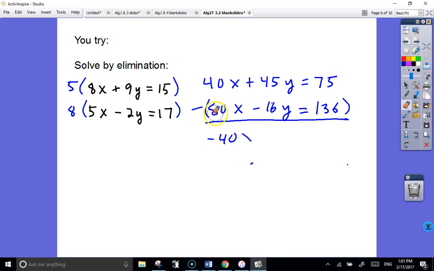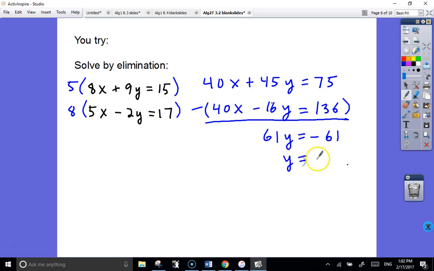I think I messed that up. That was 40. You're right. Big mistake. 45 minus negative 16 is 61. And 75 minus 136 is... Did I get that 136 right? 8 times 17 is 136. Negative 61.